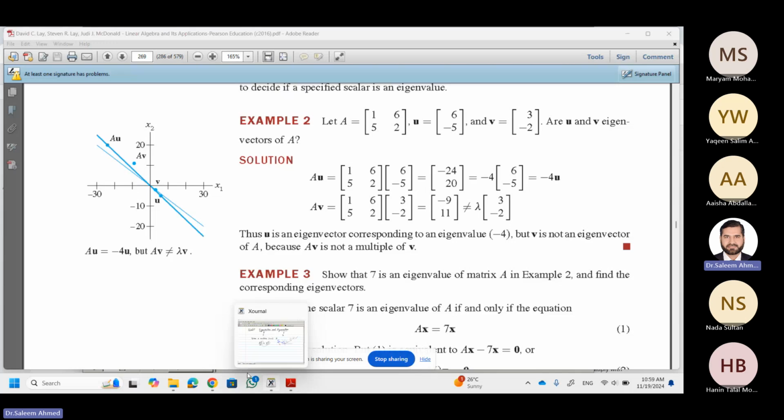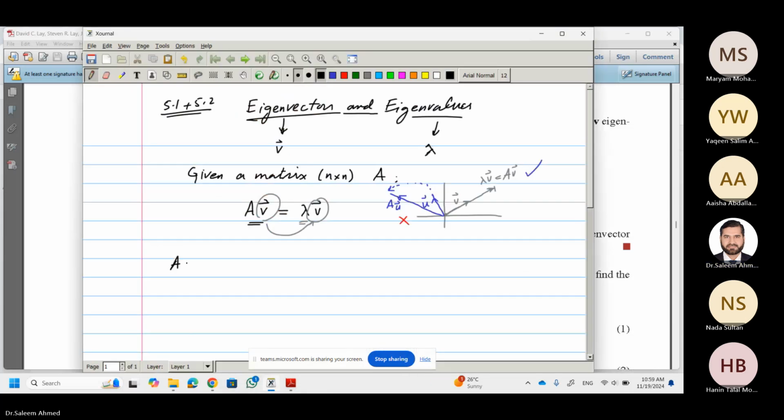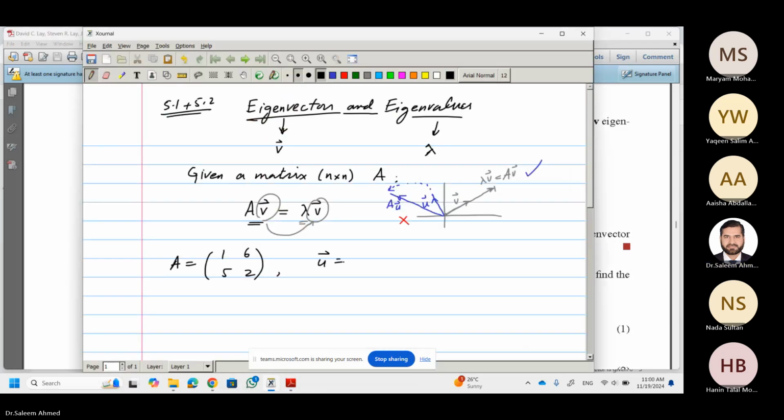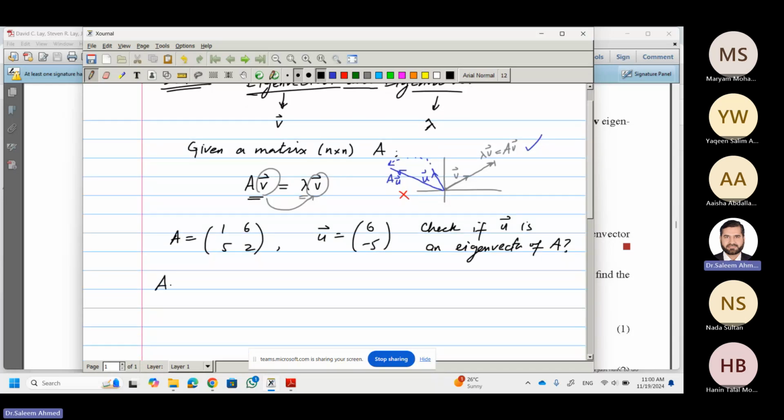For example, A is [1 6; 5 2] and a vector is given, u = (6, -5). If I just have to check whether u is an eigenvector of A or not, I will multiply A with u and see what that is. How do you do it?